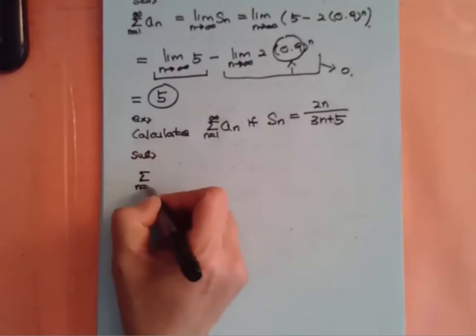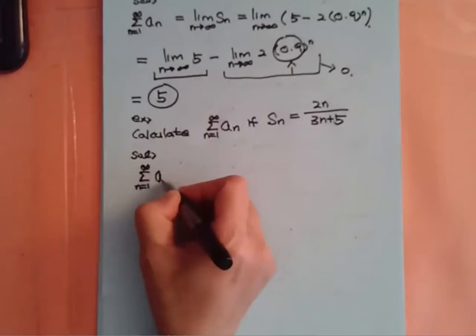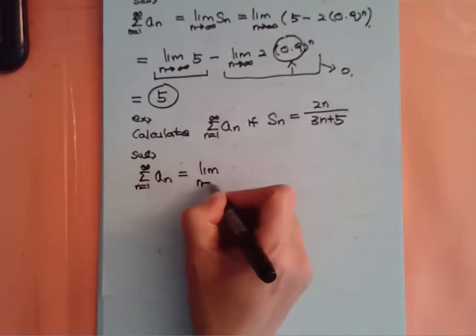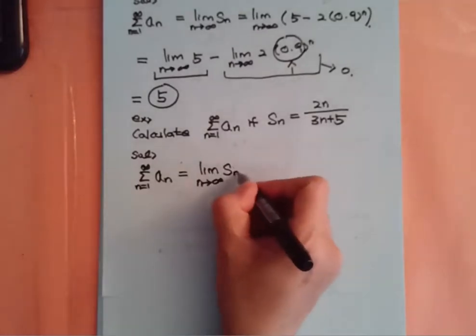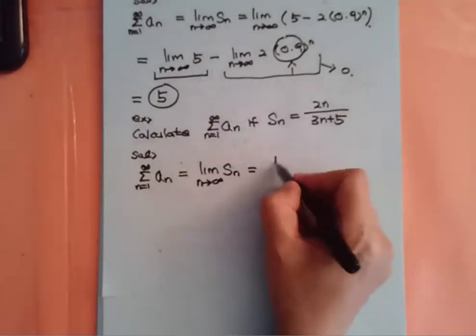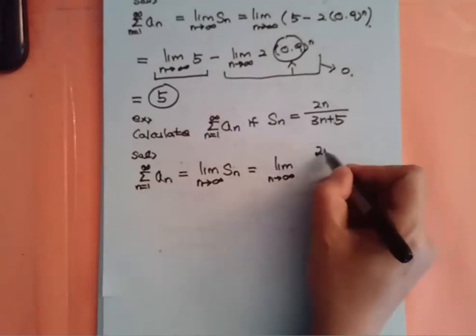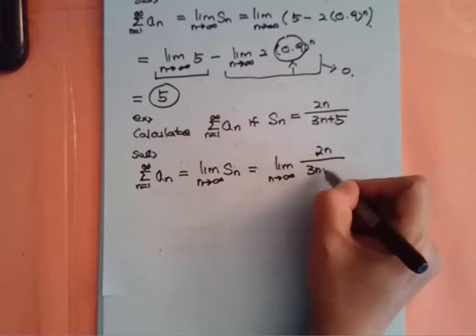So the summation of a_n equals the limit as n goes to infinity of Sn, that is, the limit of 2n over 3n plus 5.